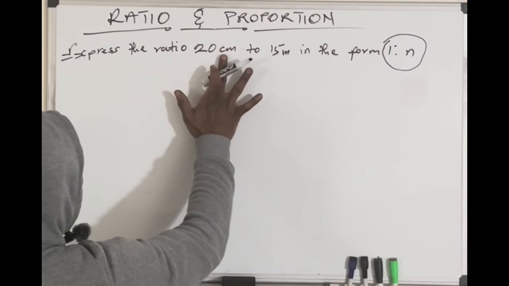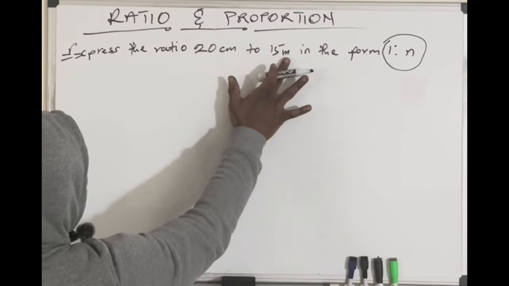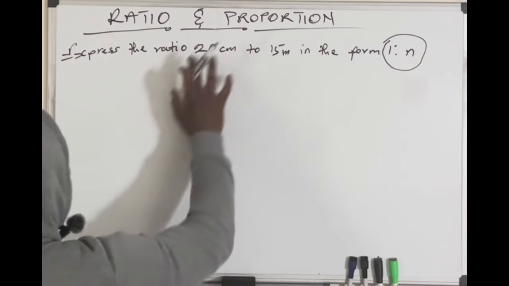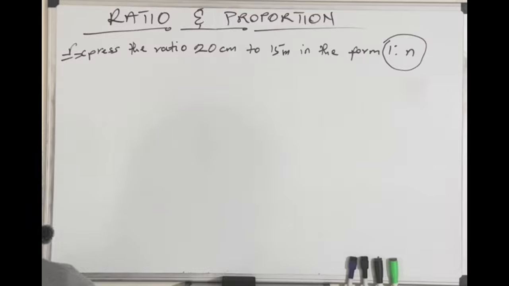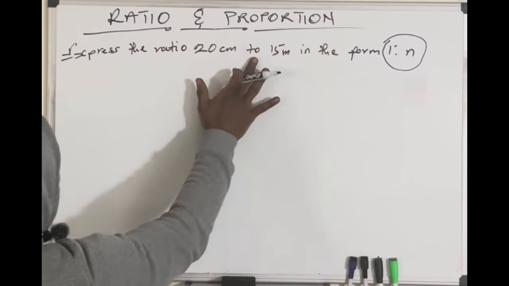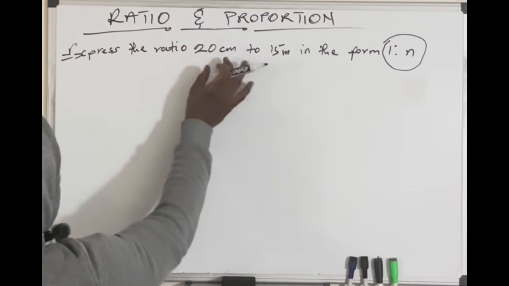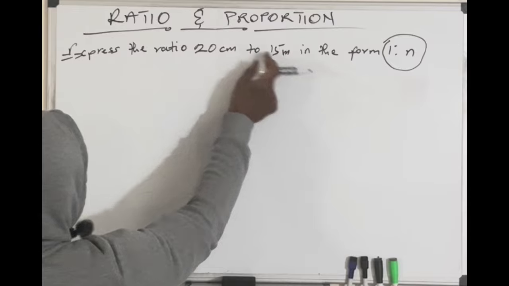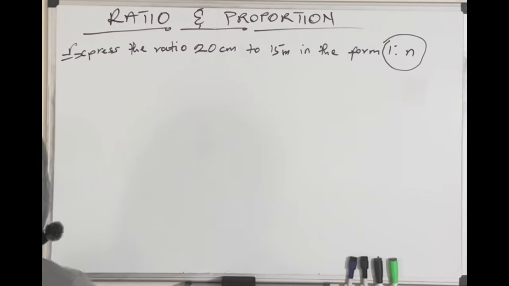We said that if they have different units, we can't work them unless we do what? We change to the same unit. Right now it said 20 centimeters to 15 meters. This came first, so that means we need to change the meters to centimeters, then we can work them out.